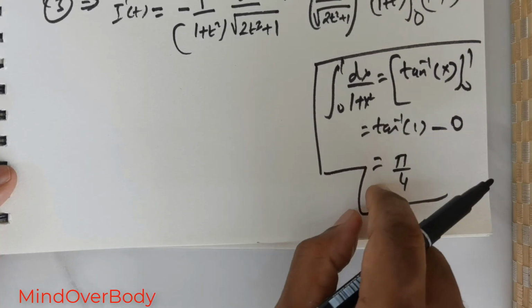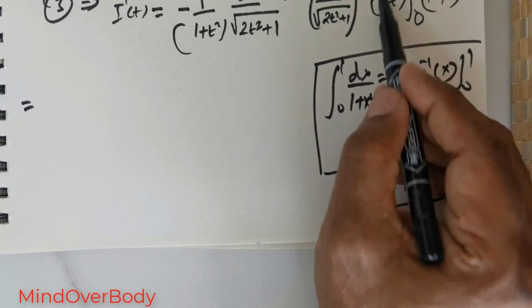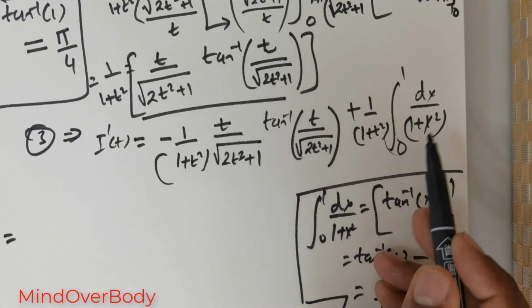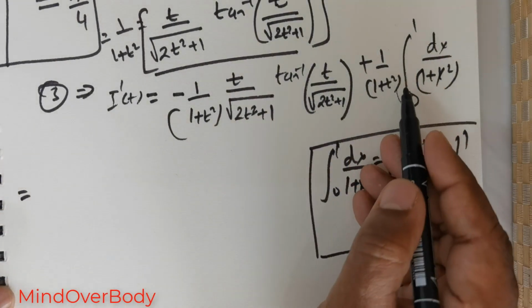So take this value of pi over 4 and place it. Rewriting, let me start with the smallest quantity first. Not only that, it starts with a positive sign.